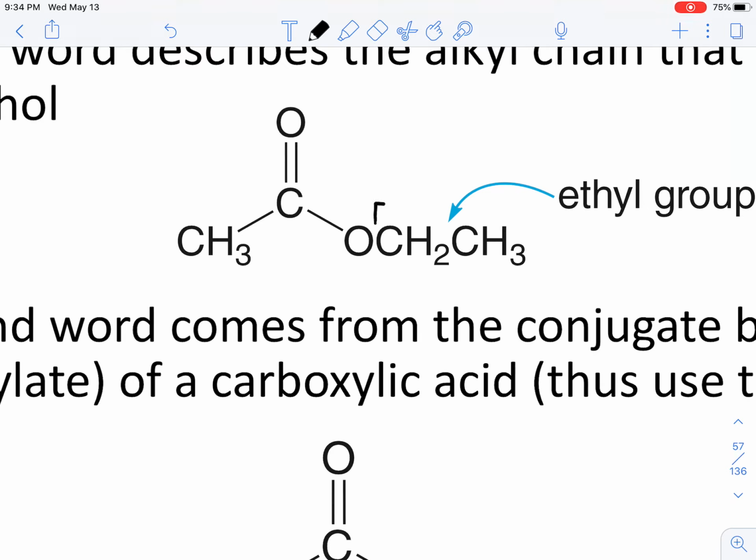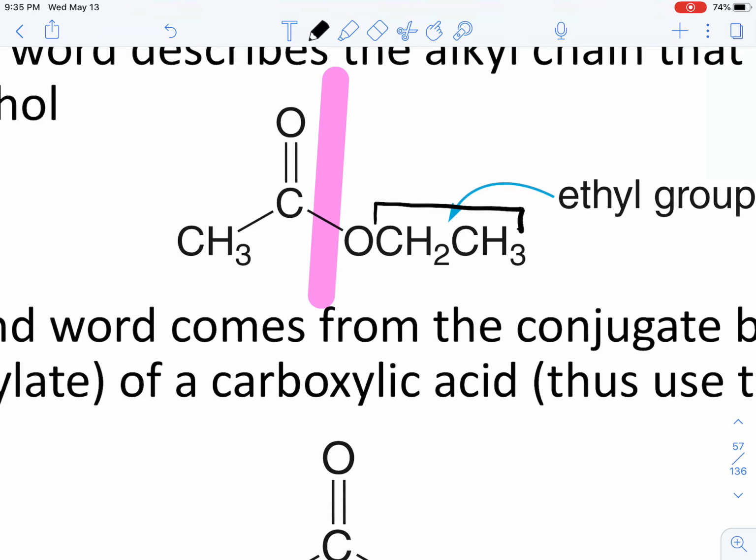And so since this is a 2-carbon compound, I'm just going to make sure that there's a permanent line, okay, instead of my laser pointer. And so once I've recognized my ester, I'm going to put a line delineating the carbonyl group from the ester oxygen.